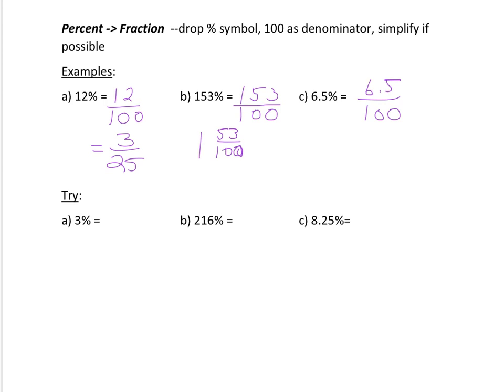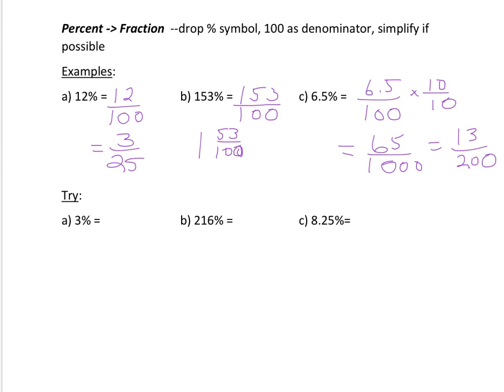So in this case, we've got 1 decimal place. So if we multiply the numerator and the denominator by 10, we end up with 65 over 1,000. And now we can simplify it once more by dividing by 5 and getting 13 over 200.